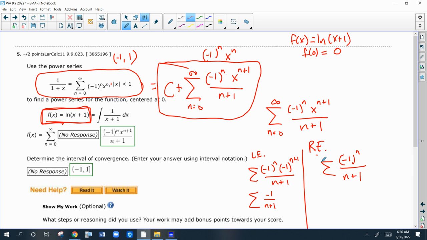The alternating series test says this converges. Therefore, our interval of convergence for this series that we found would be from negative 1, not including it, to 1 inclusive. So there you go. And that was it for the WebAssign.